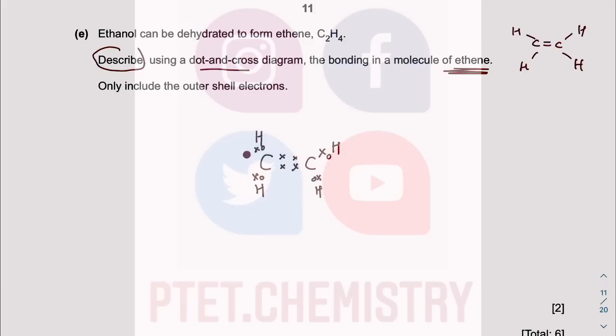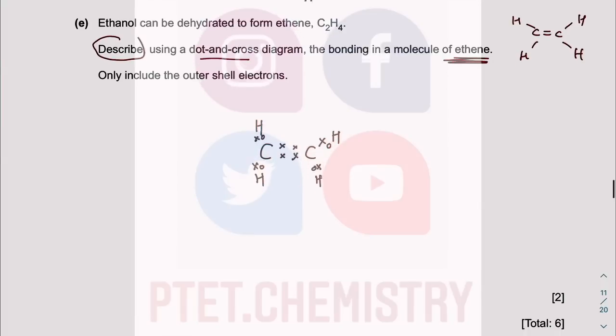So whoever is correct, there is no correct or wrong here. It's just personal preference. But if you draw something like this, I would have no objection as an examiner to give you the mark either. I mean, you cannot be penalized if you have shown the covalent bond correctly and you have gotten all the outer shell electrons correctly as well. So this is perfectly fine, yeah?